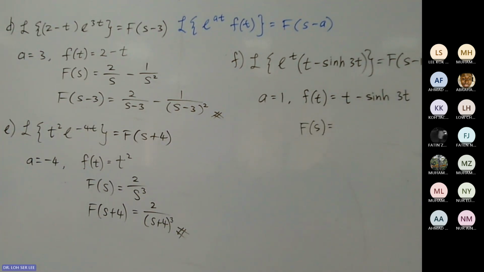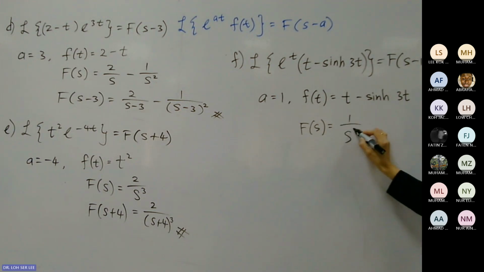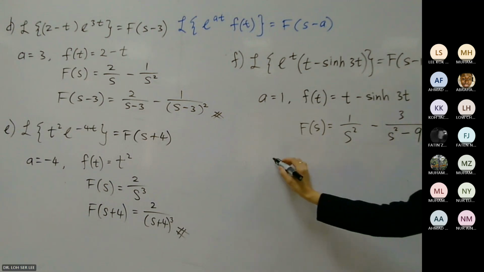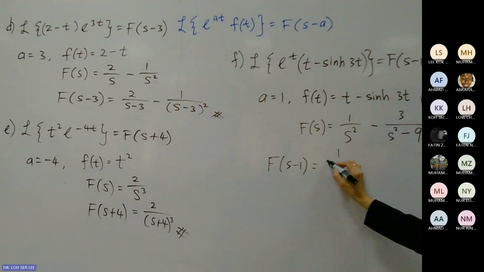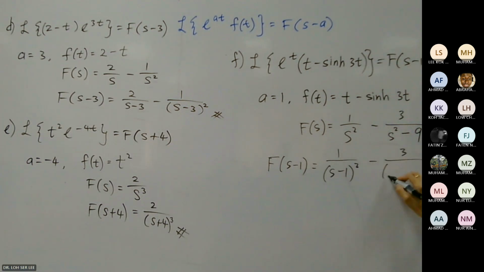So your F(s) is 1 over s squared minus 3 over s squared minus 9. Okay, what we want is s minus 1. (s minus 1) squared, (s minus 1) squared.